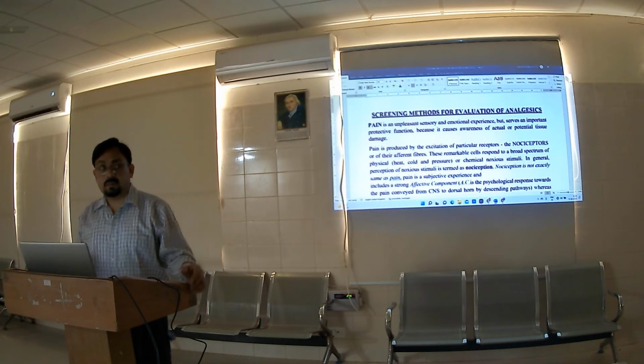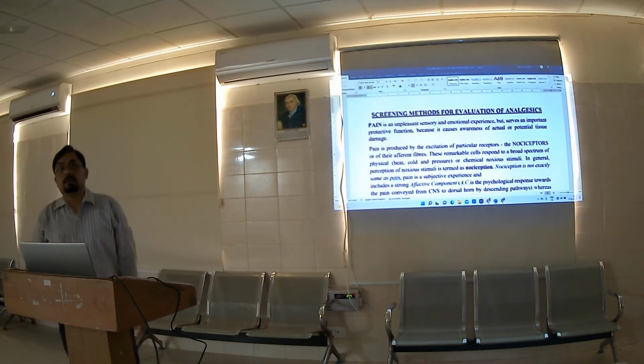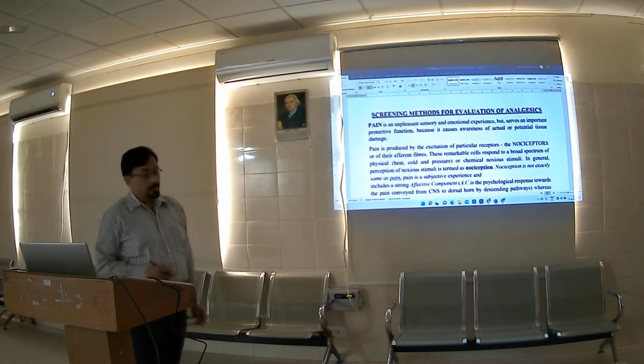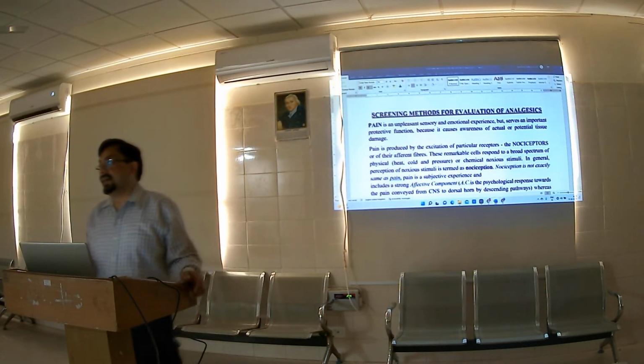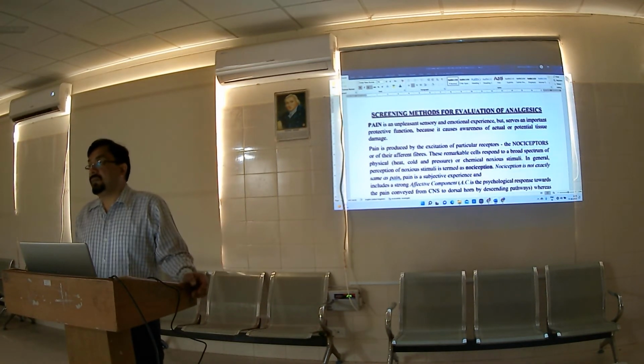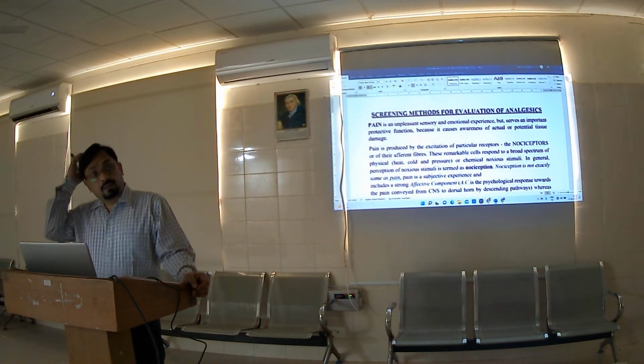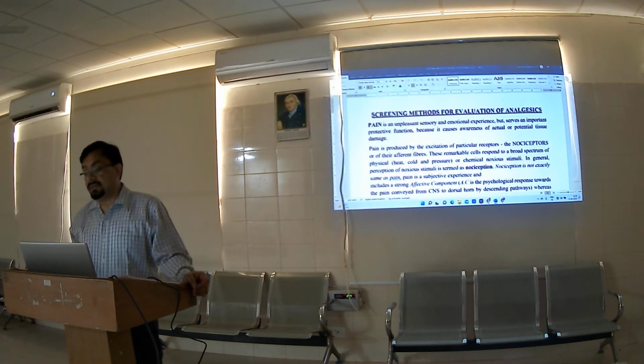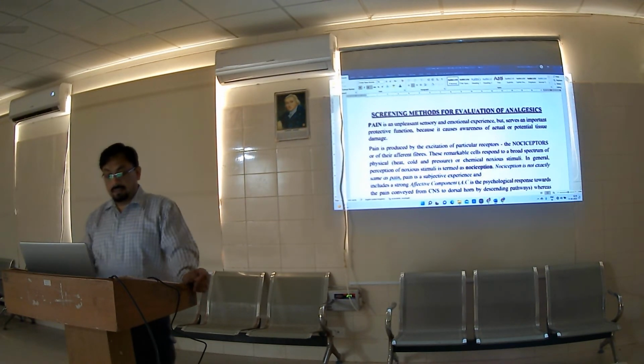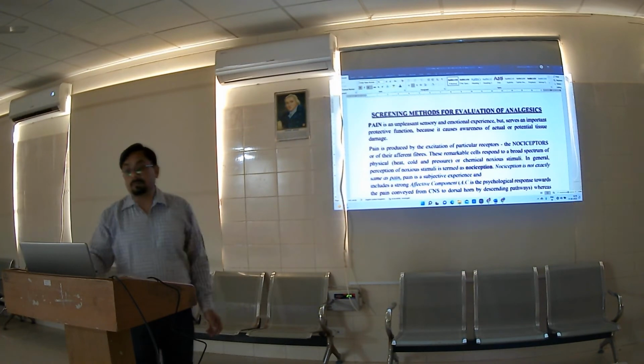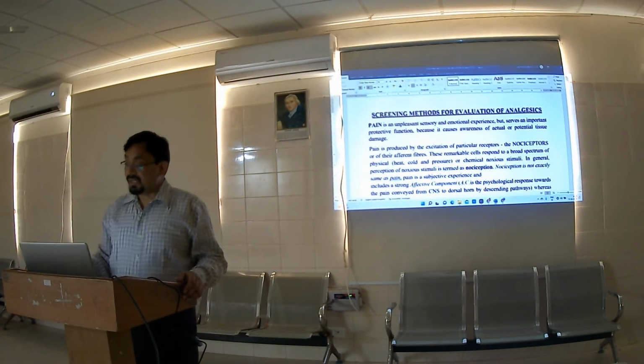So that is a very complex pathophysiology of this pain, and to get the idea, like we had the idea of the inflammation is very essential, so that the involvement of the different components could be evaluated.